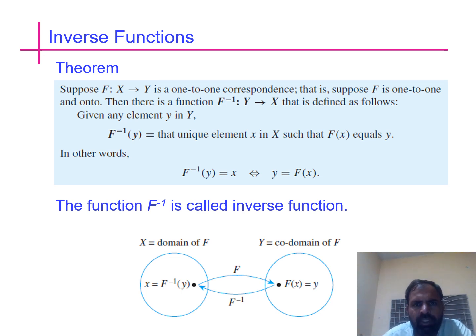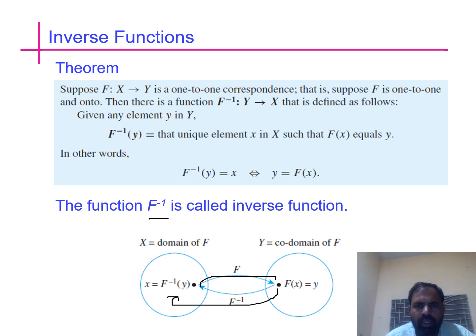The f inverse is called the f inverse function. We denote it by f inverse. X is equal to the domain of this and y is equal to the codomain of this. If the function goes from x to y, then it's a simple function, and if it goes from y to x, then it's f inverse.